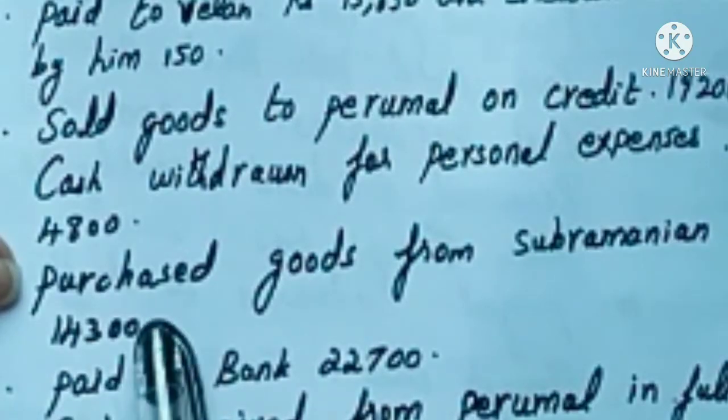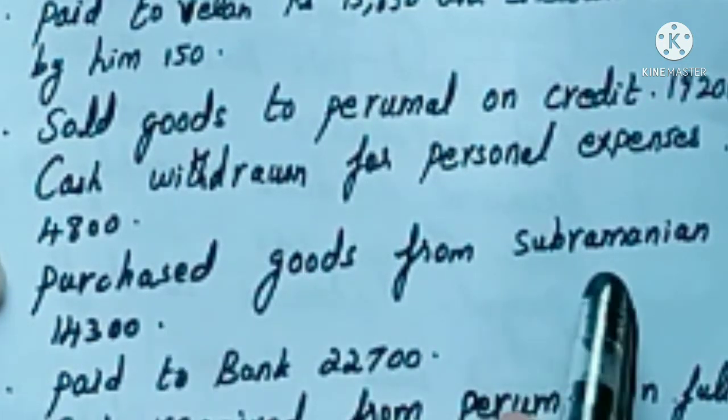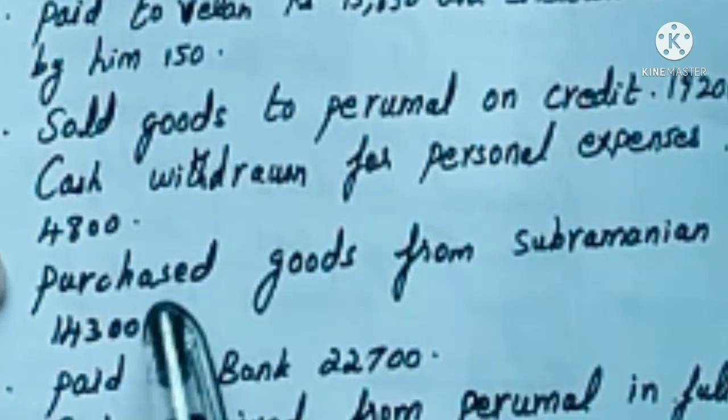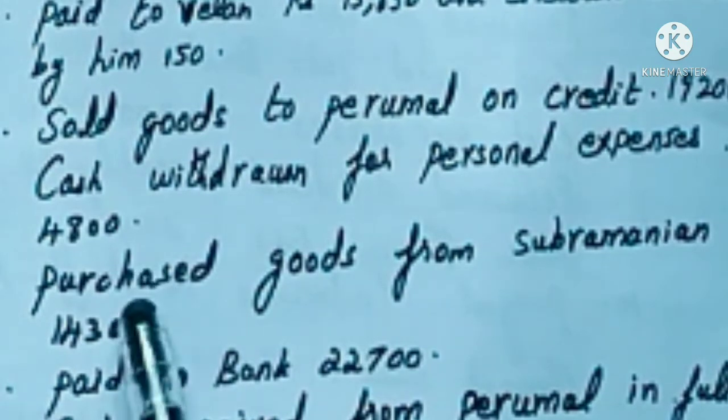So the entry is purchases account debit to Subramaniam, because goods are coming in and Subramaniam is a giver. So the entry is purchases account debit to Subramaniam account. Here in this entry, no cash is involved. So I'm not going to take this transaction to prepare the cash book.